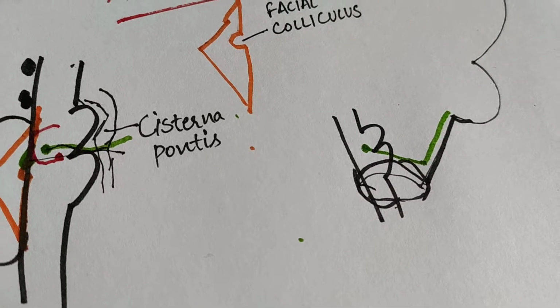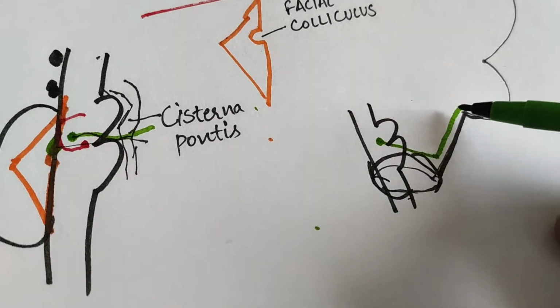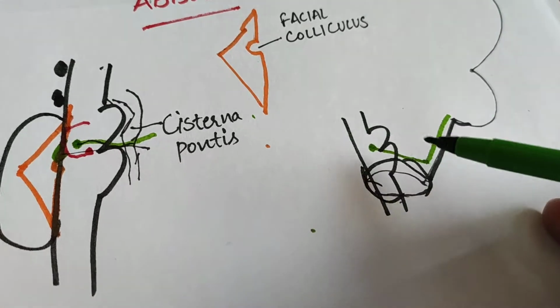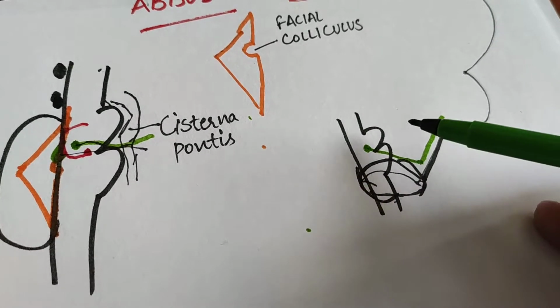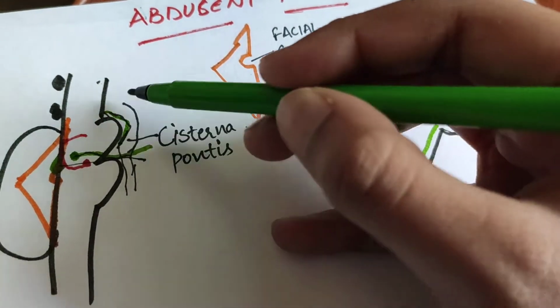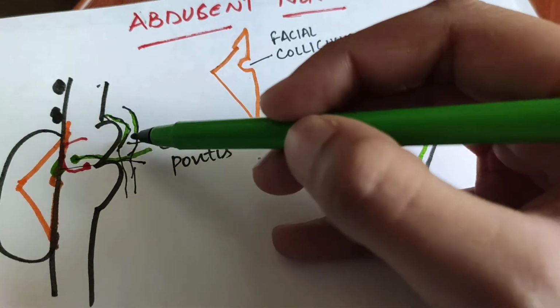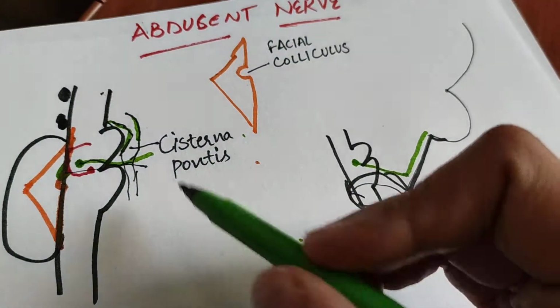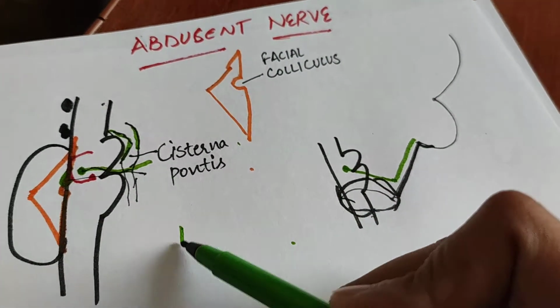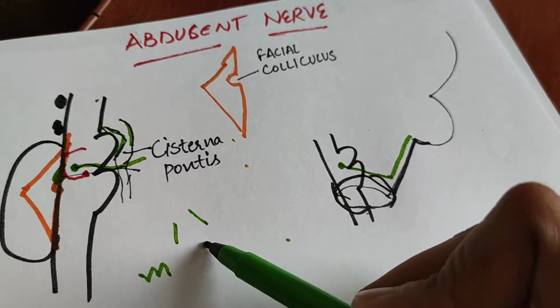As it moves along the clivus, here was the subarachnoid space, that was the cisterna pontis. Suppose this was the pia mater and this is the arachnoid. After the arachnoid there is the dura mater, and the dura mater has two layers: one is the meningeal layer, and one is the periosteal layer.